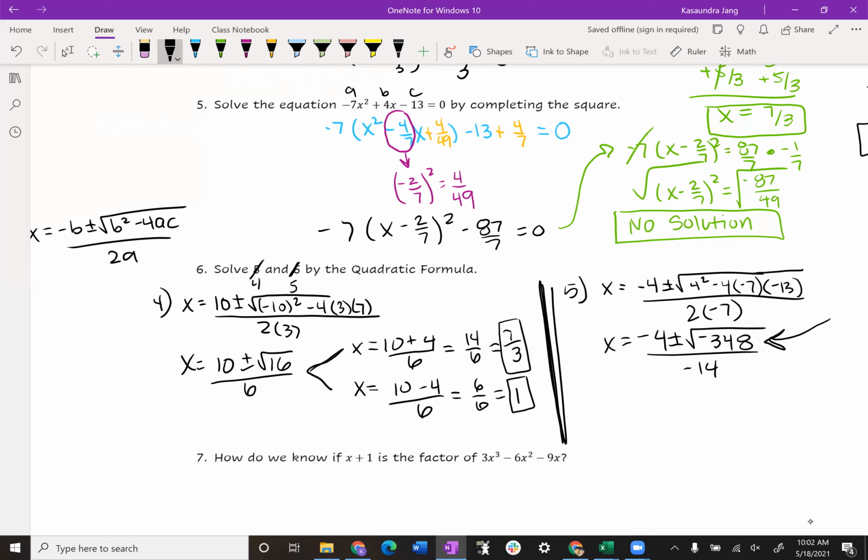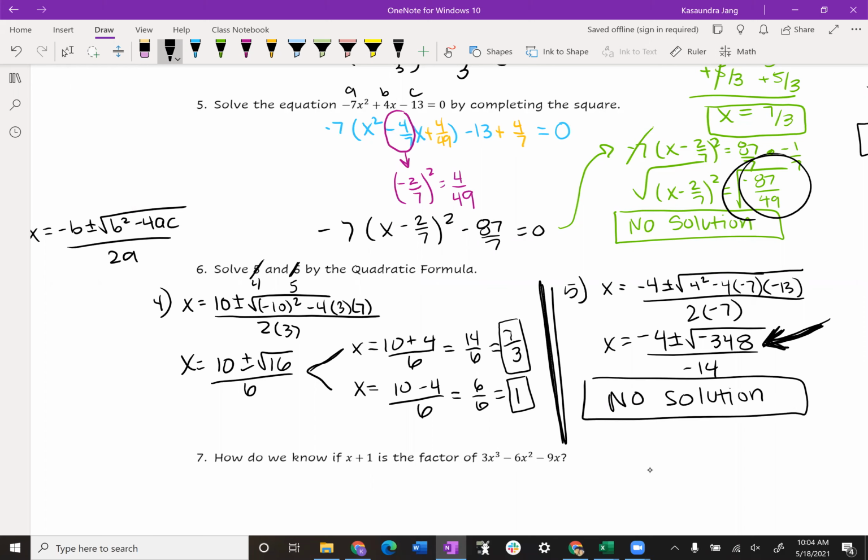Okay, but this whole square root of a negative number. Okay, I'm having the same problem that I had on this one. All right, so that means I actually have no solution off of the quadratic formula as well. So same problem, no solution.